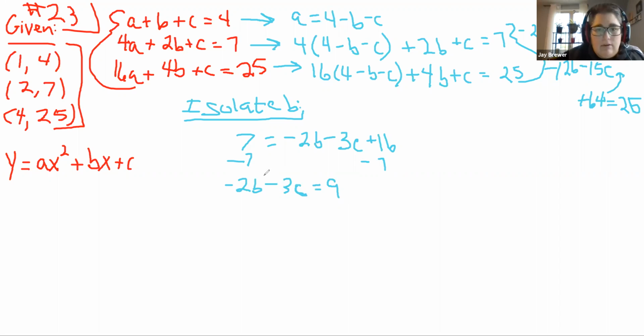Okay, so when we solve for B here, we're gonna add 3c to both sides. So minus 2b equals 3c plus 9 divided by negative 2.